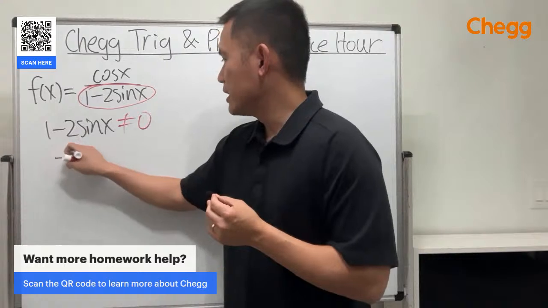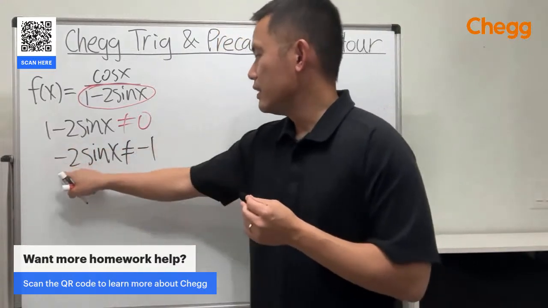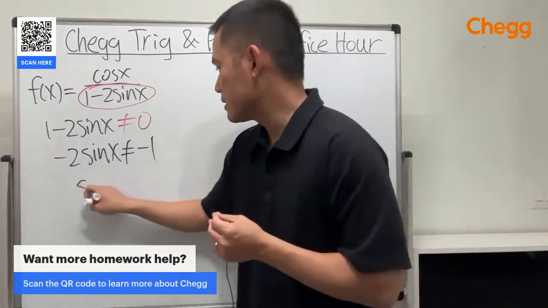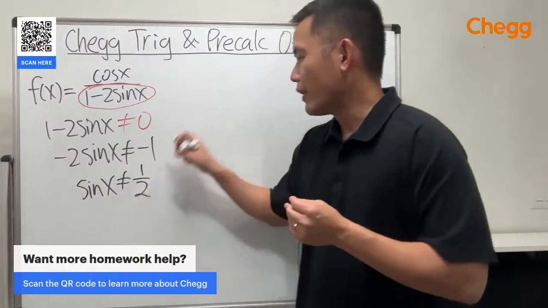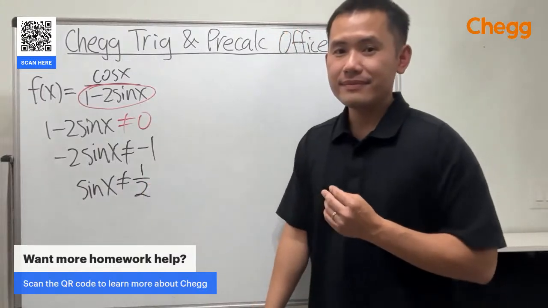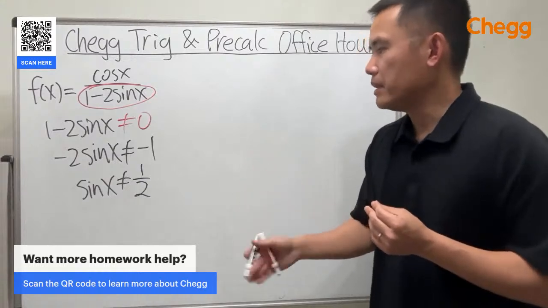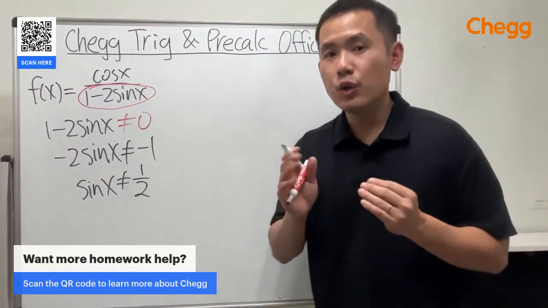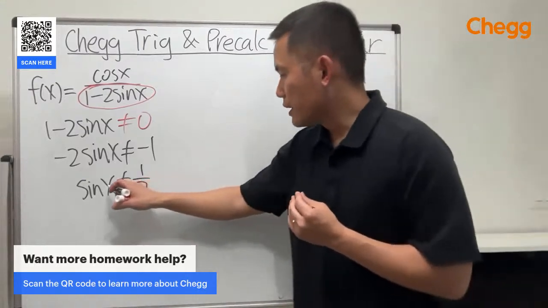I'm going to move the 1 to the other side, so it becomes negative 2 sine x cannot be negative 1. Divide negative 2 on both sides, that means sine x cannot be positive 1/2. Now, to figure out what x cannot be, I would like to use the reference triangle method.